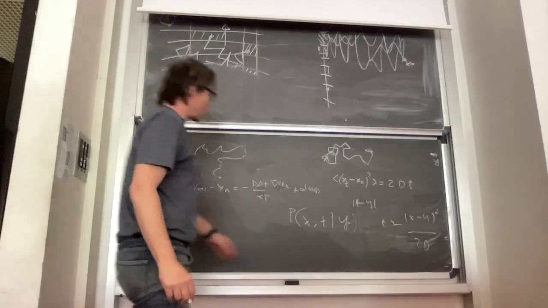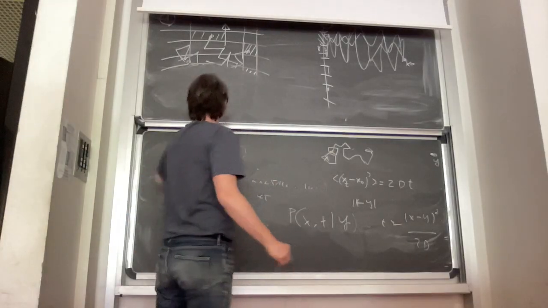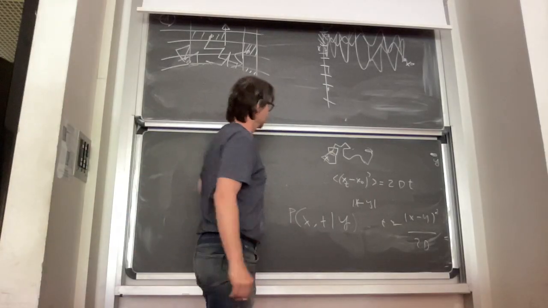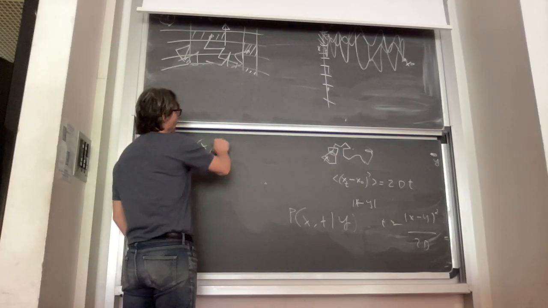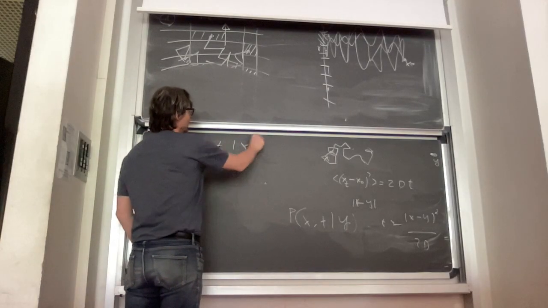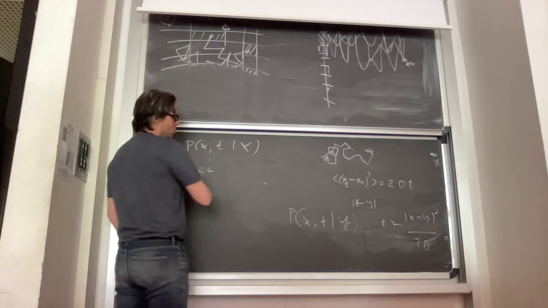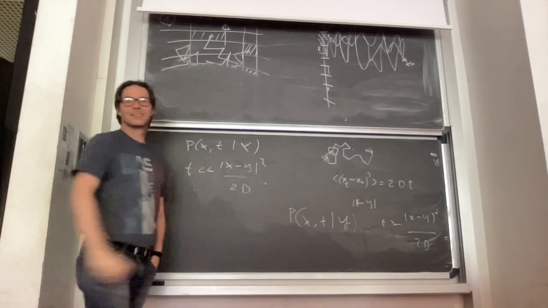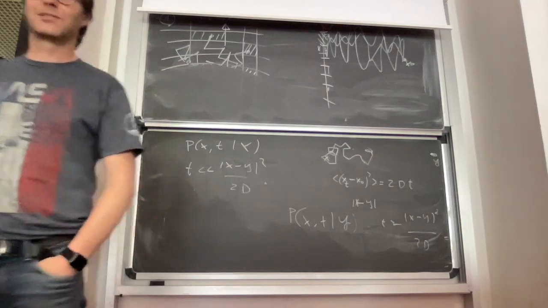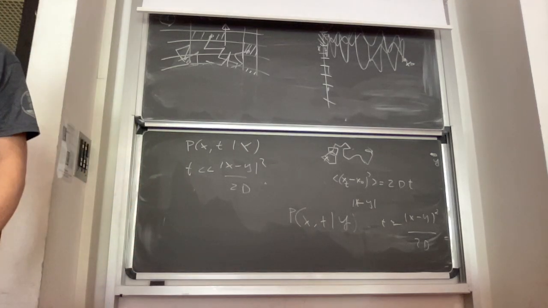Now, suppose you ask the question, what is the probability that I go from x to y in a time t that is much shorter than x minus y squared divided by 2D?